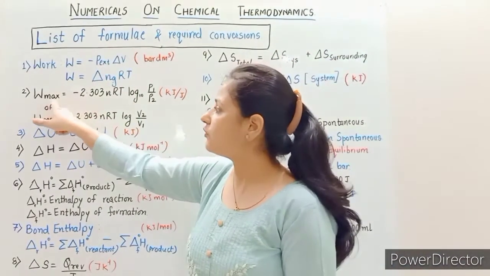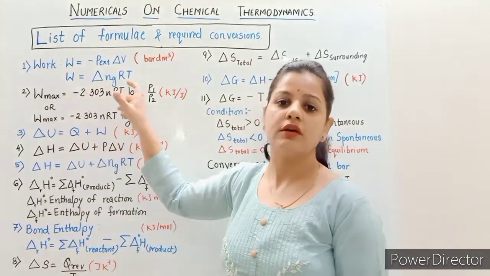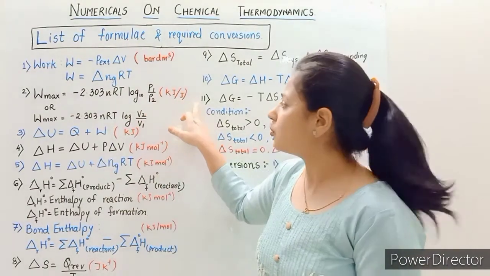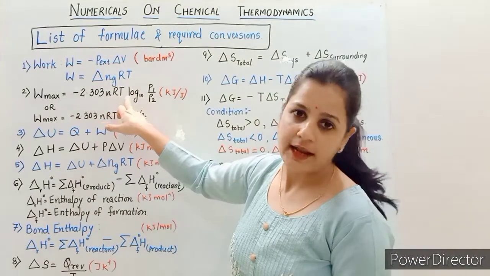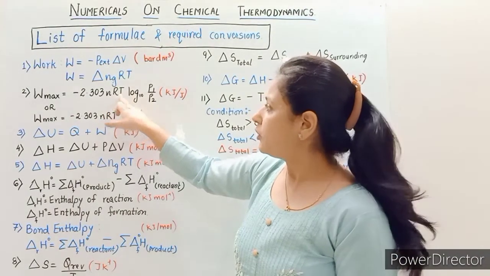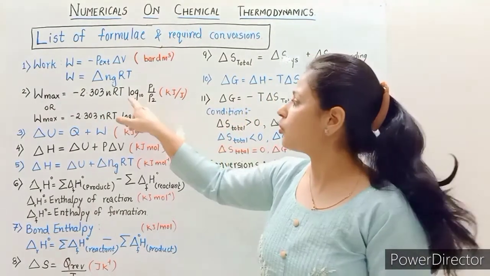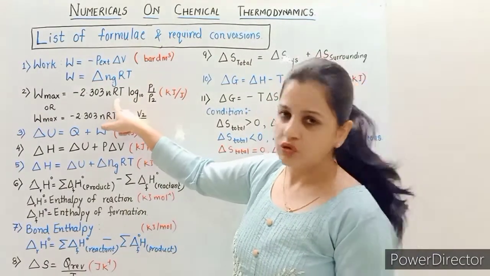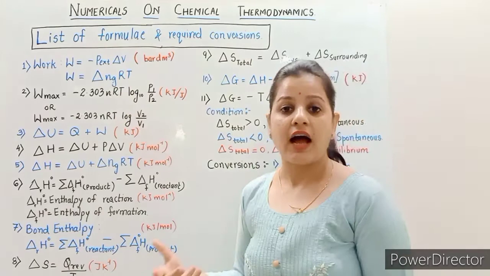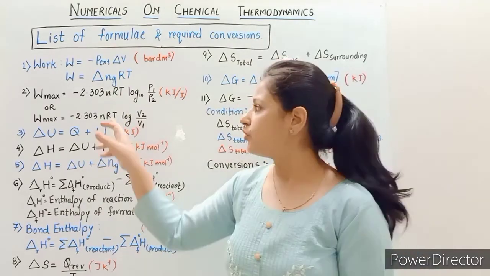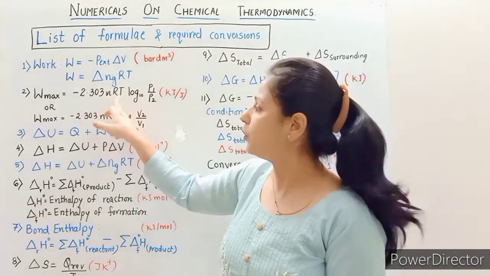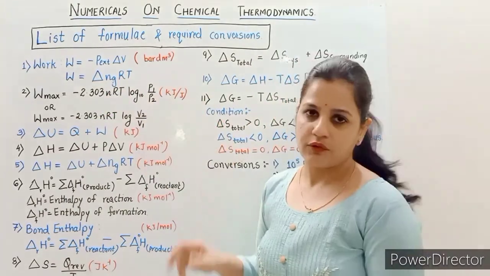The unit of the work done will be either kilojoules or joules depending upon the value of R. If it is in joules, then your answer will be in joules. If you are asked to find the answer in kilojoules, then you have to convert the value of R, that is 8.314 joule per Kelvin per mole, into kilojoules, and then solve it out.